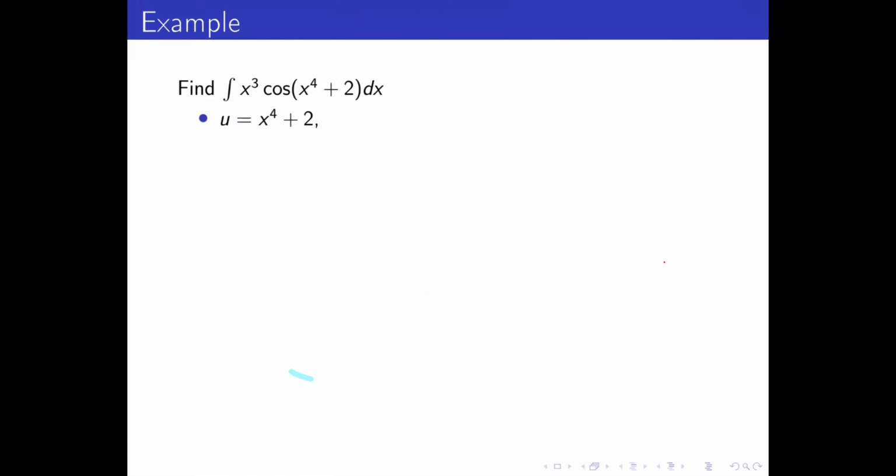Here's another example: to find the antiderivative of x cubed times cosine of x to the power 4 plus 2. So we just take u to be x to the 4 plus 2 and f(u) to be cosine u. But when you compute the u prime, you have 4x cubed dx instead.